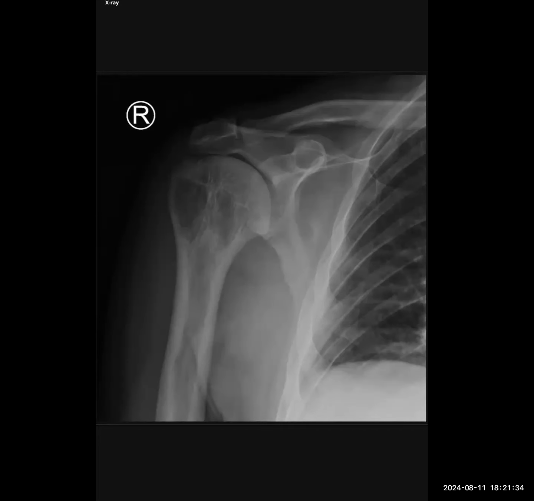Provided to me is the frontal radiograph of the shoulder region of a skeletally mature patient.